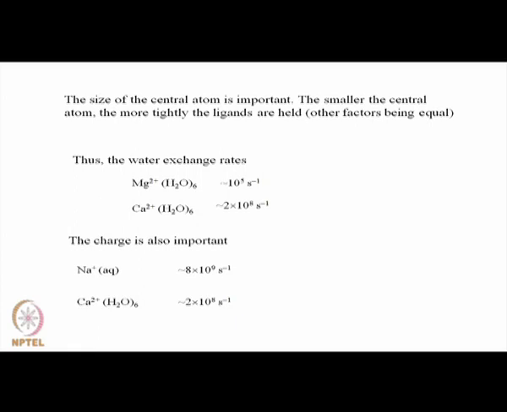So, in case of magnesium the rate is smaller, but for calcium the rate is higher. So, you can correlate the statement that the size of the central atom is very important, and also charge is very important.